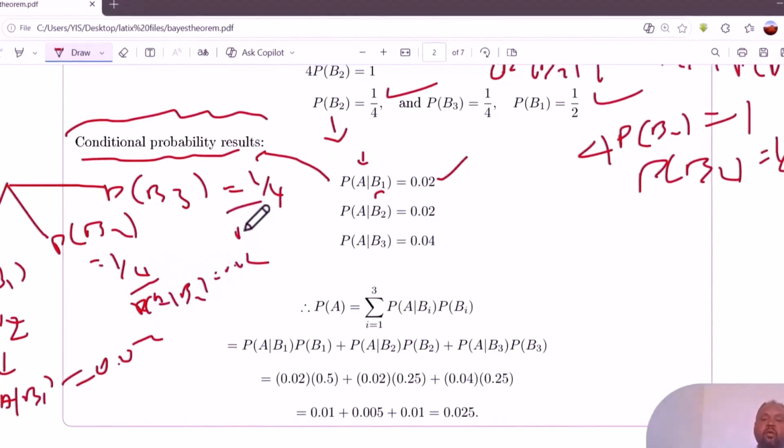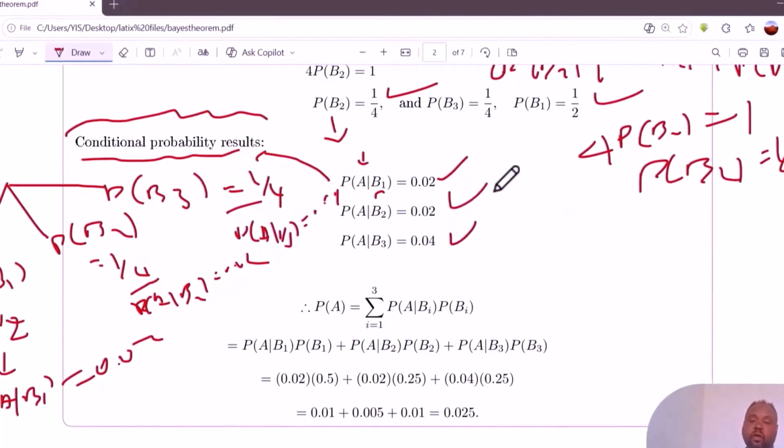Here, the probability of A given machine 3 is 0.04. Therefore, everything is known now. So we can obtain the total probability, regarding the total defective rate of the 3 machines.